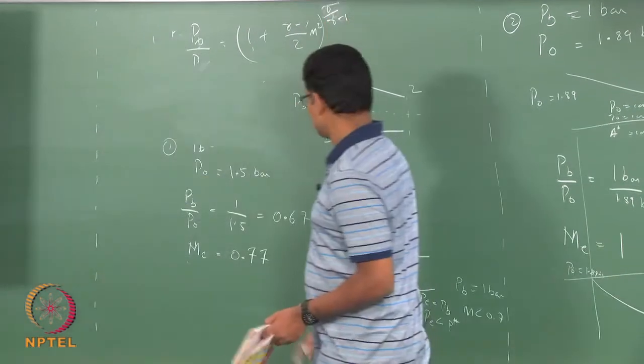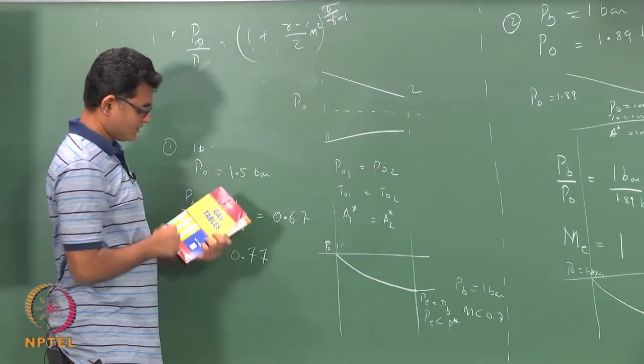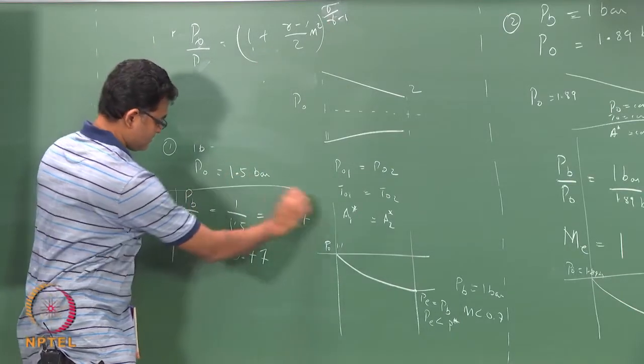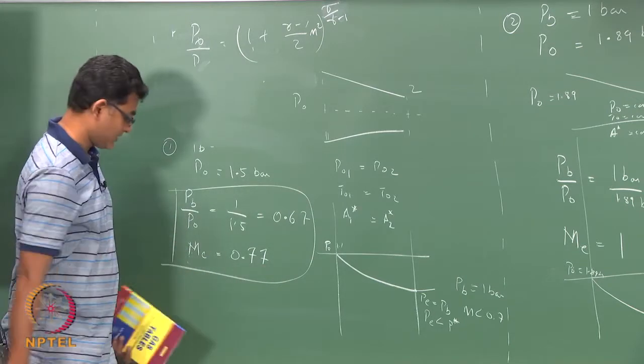So, you could use this equation or the gas tables to get the Mach number associated with the pressure ratio.